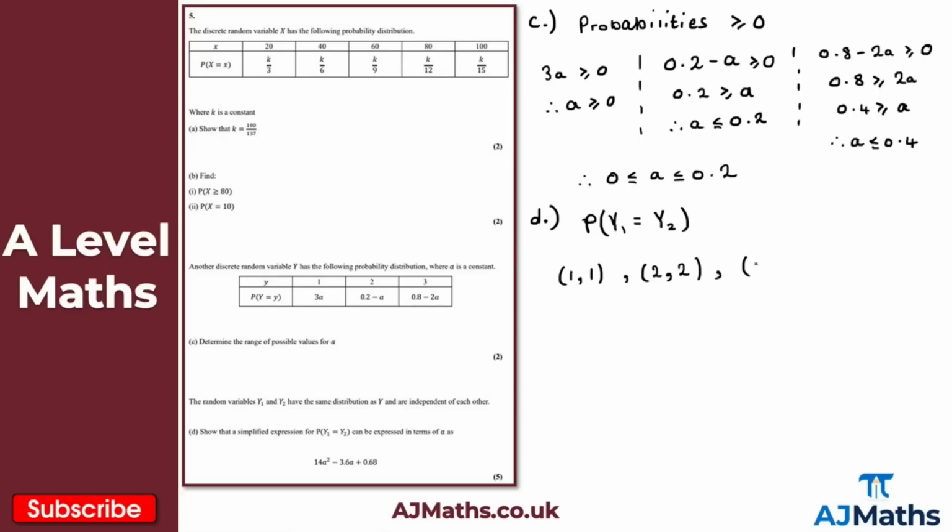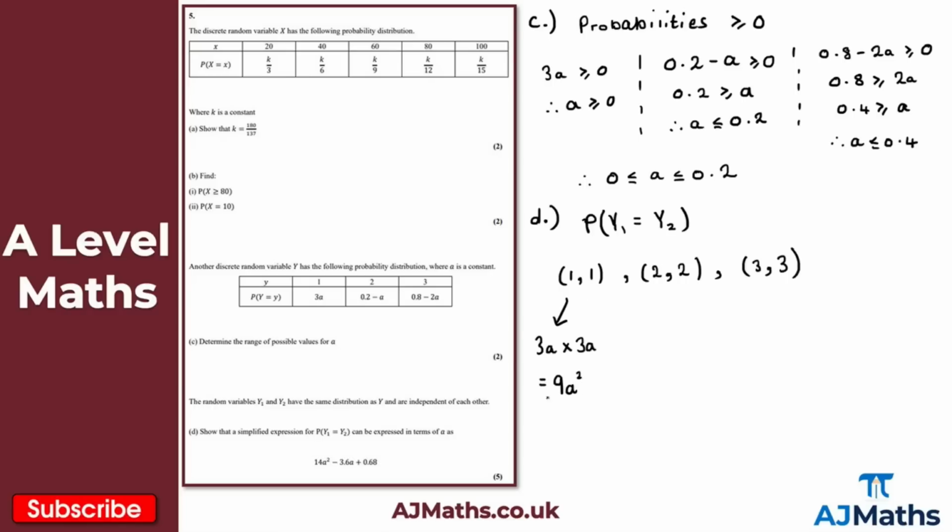And then finally, we'd have 3, 3. If we get 1, 1, what we're doing here is we're multiplying these probabilities together now. So 1, 1, that would be 3a times by 3a again. So this here is 3a times by itself again. So 3a squared in other words. So 3a times 3a, that would give me 9a squared.